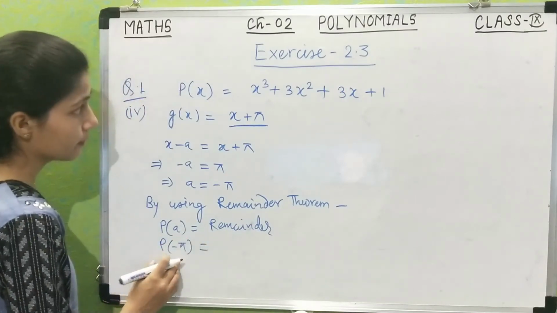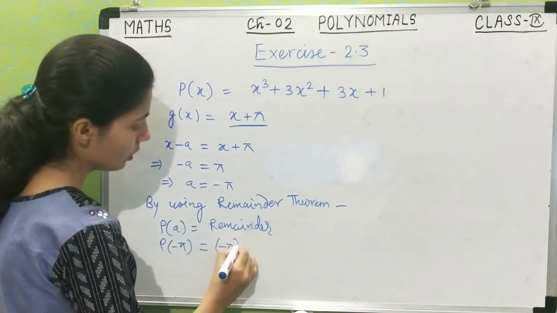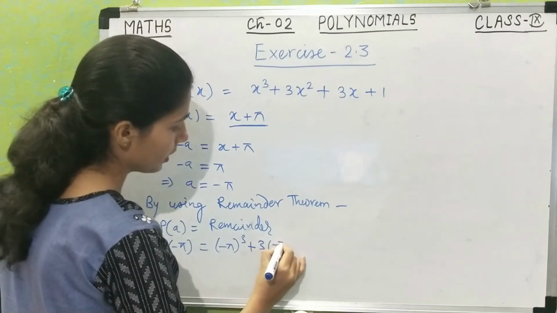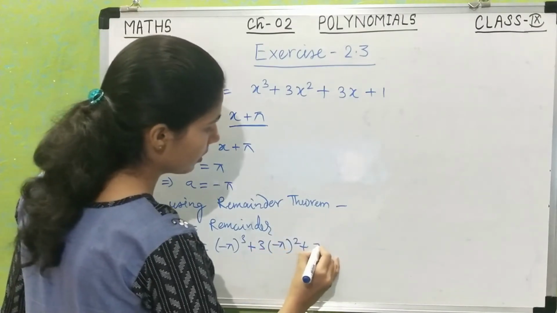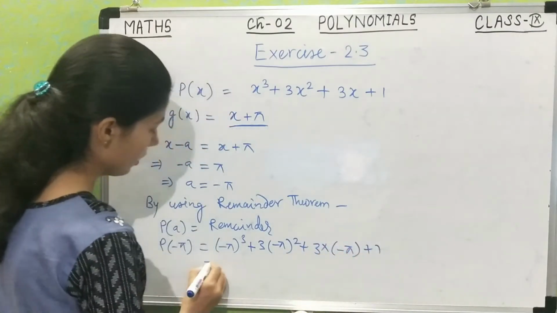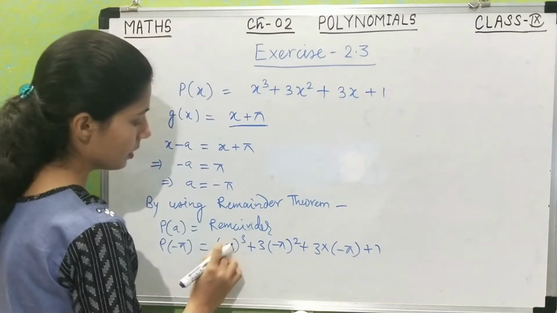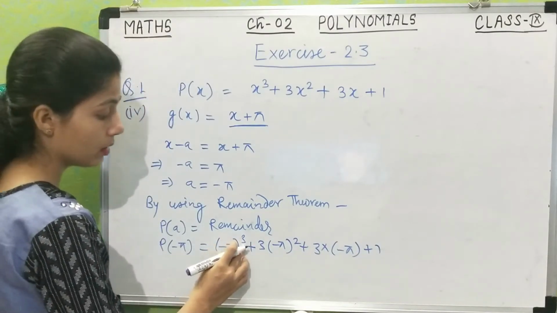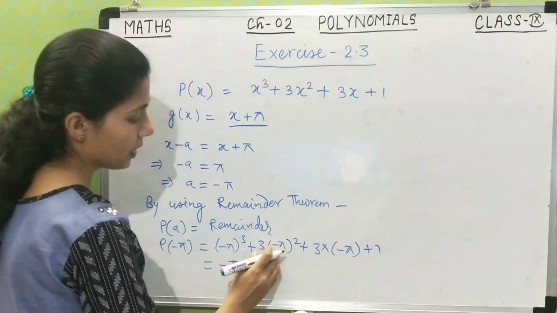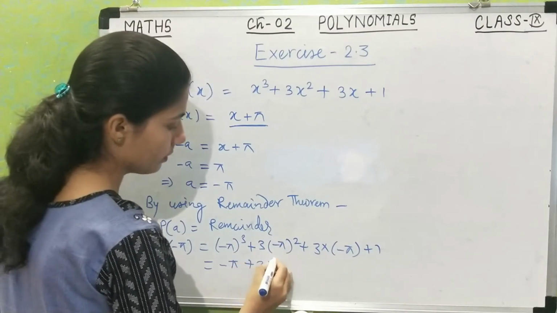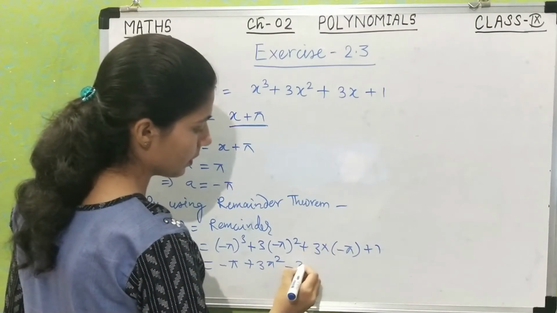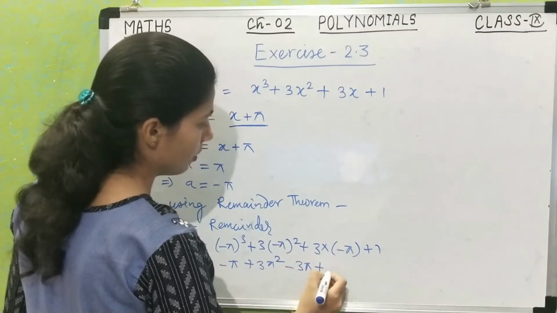Now put the value: minus pi whole cube plus 3 into minus pi whole square plus 3 into minus pi plus 1. Cube of minus pi means minus raised to an odd power, so it comes as minus pi cube, square of minus pi is pi square, so 3 pi square, and 3 into minus pi is minus 3 pi, plus 1.